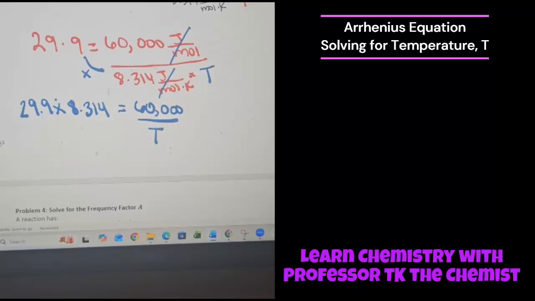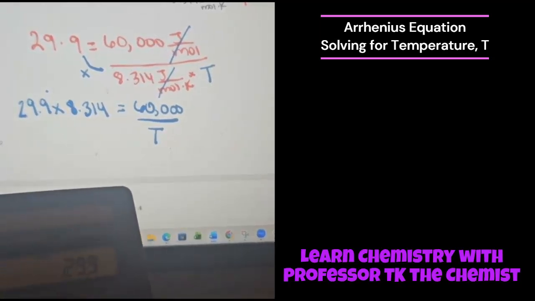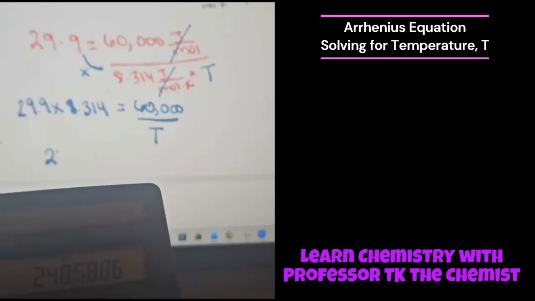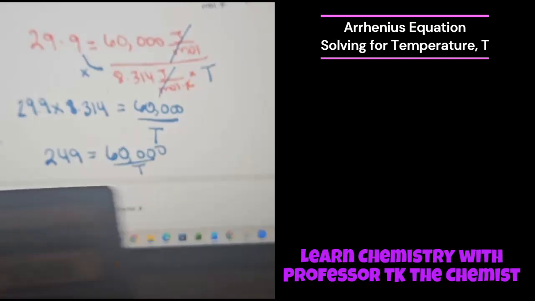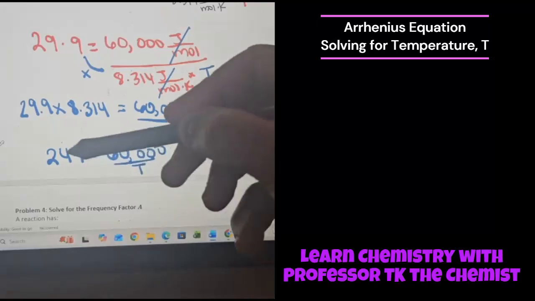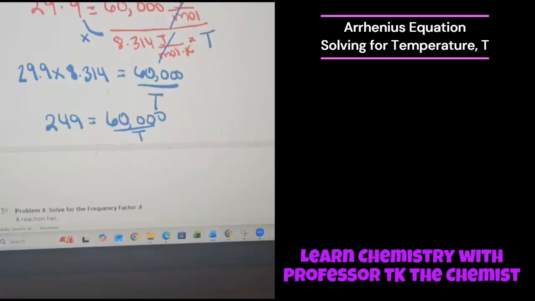So go ahead and multiply 29.9 times 8.314, and you get 240. We're going to round out to 249. 249 equals 60,000 over T. Now, all you guys got to do at this last point, swap these two out. Okay? And when you swap them out, they're going to switch places.